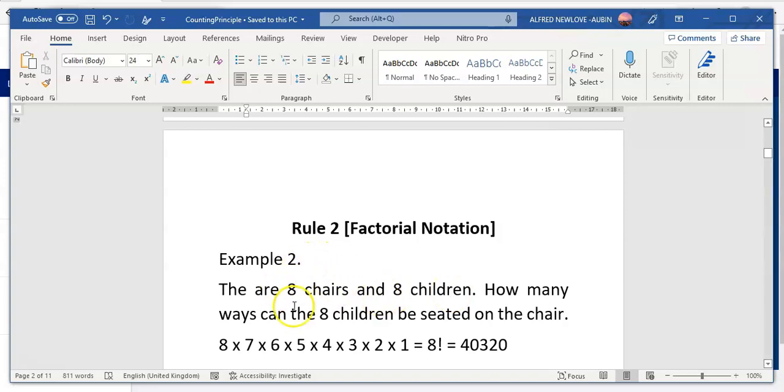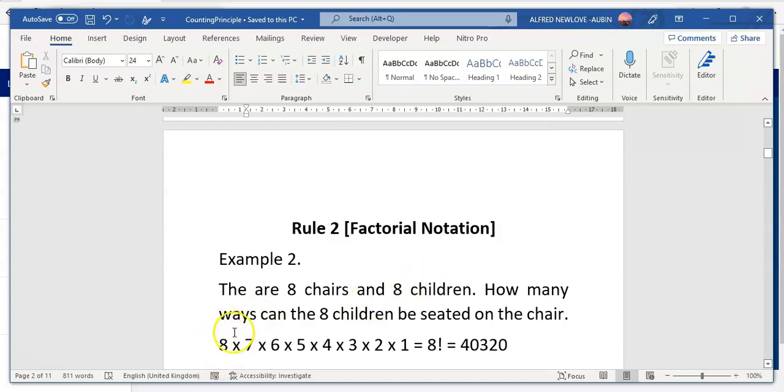Since we have 8 chairs, it means we have 8 spaces: 1, 2, 3, 4, 5, 6, 7, 8. And these 8 spaces are supposed to be filled by children. If you check the first space, there are 8 ways for these 8 children to sit on it.